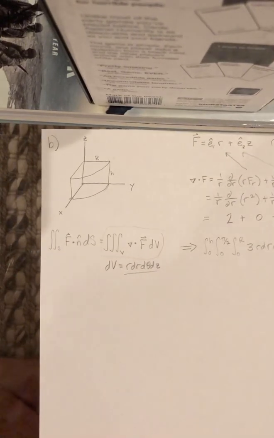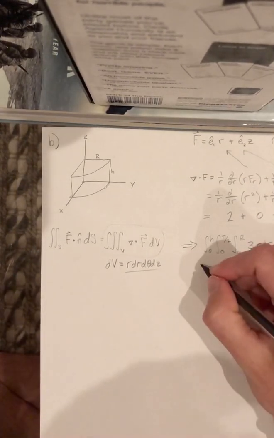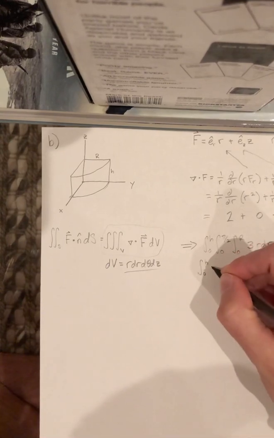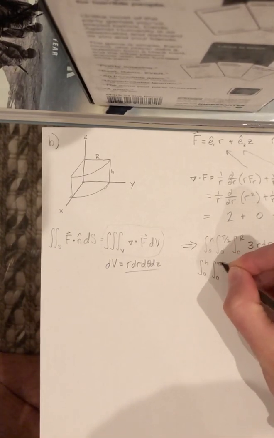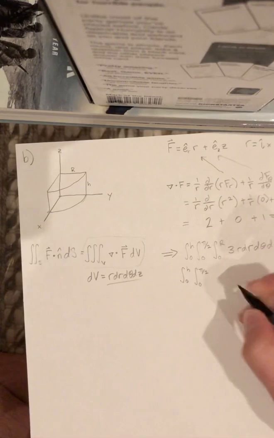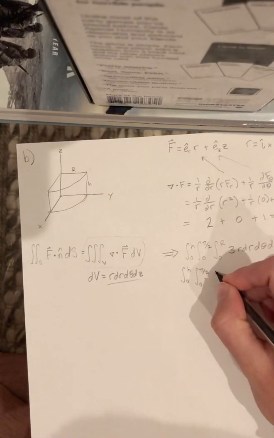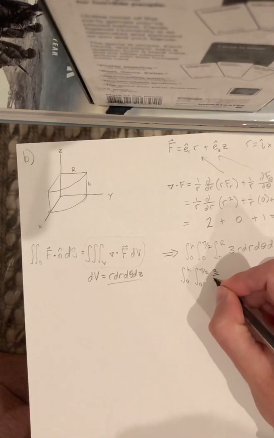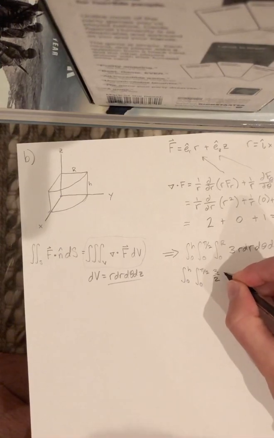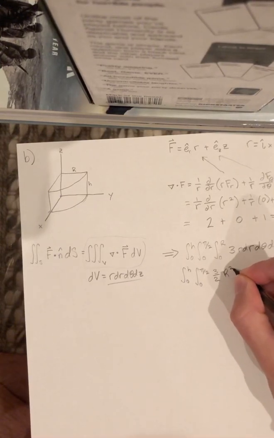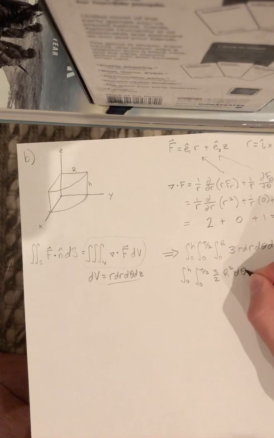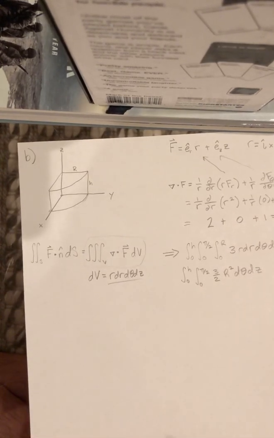Next up is just going to be some simplification. So the integral from 0 to h, 0 to pi over 2 of 3 over 2 r squared d theta dz.